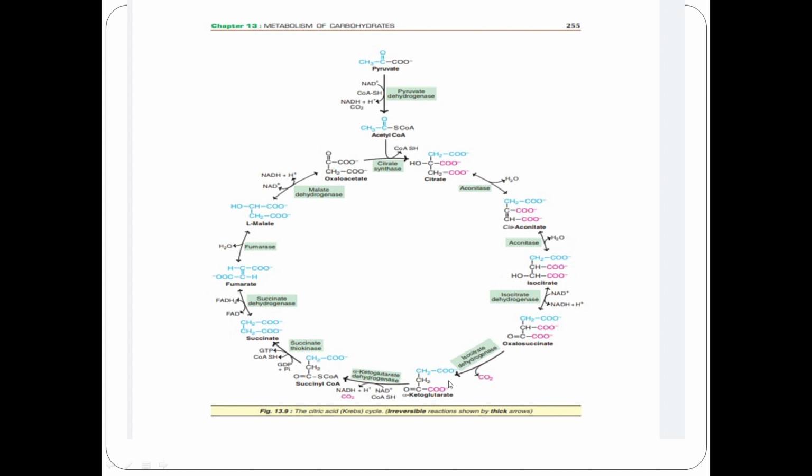In the next step, alpha ketoglutarate undergoes oxidative decarboxylation to form succinyl-CoA. The reaction is catalyzed by the alpha ketoglutarate dehydrogenase enzyme complex. One mole of carbon dioxide is released and NAD is converted into NADH. Next, succinyl-CoA is converted into succinate.